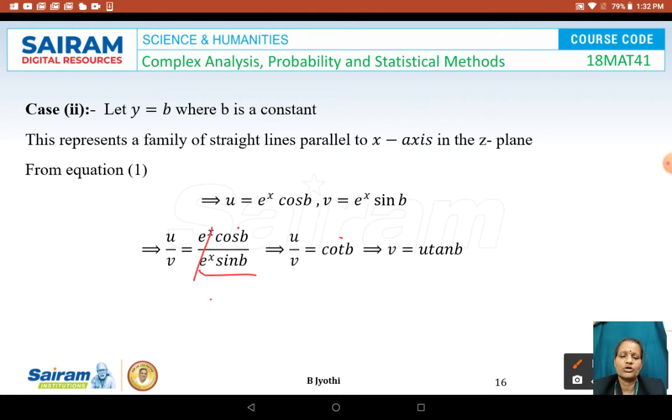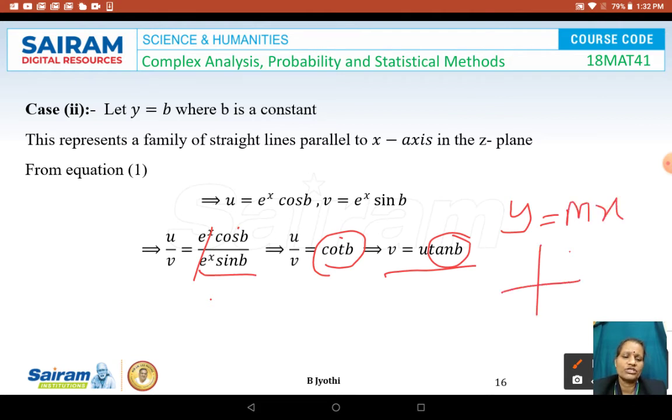We get it as cot b, which is a constant. Otherwise, v is equal to u into tan b, where this tan b part is a constant. So it looks like a straight line like y is equal to mx, which passes through the origin, which everyone knows.